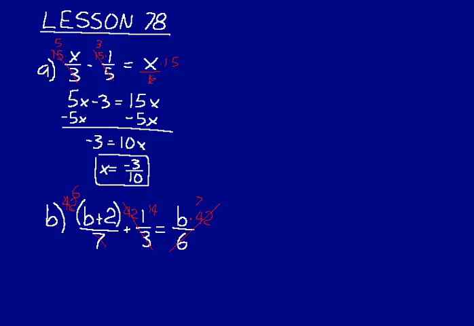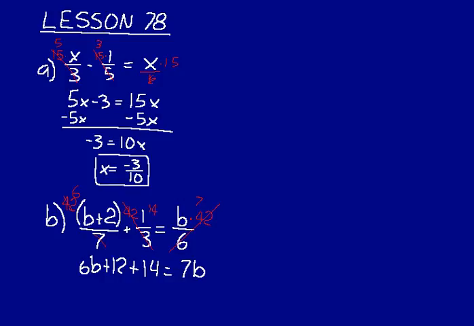So now, starting from the left, let's go ahead and expand that out. 6 times b is 6b. And then 6 times 2, that'll be plus 12. Then we have plus 14 equals 7 times b. Okay, now we can go ahead and simplify this.